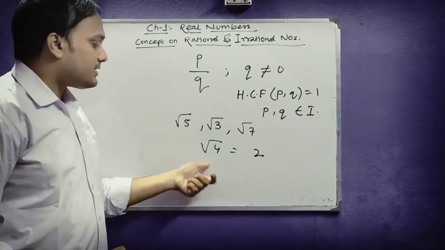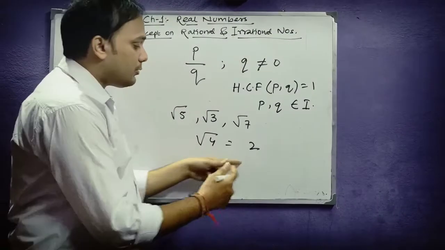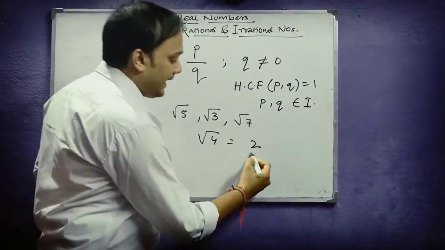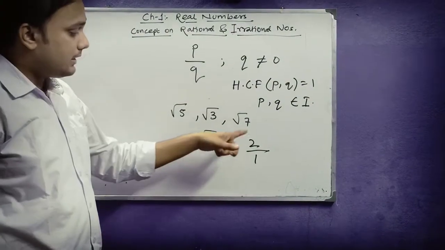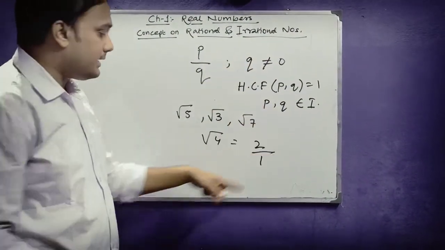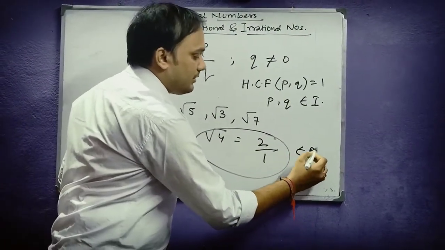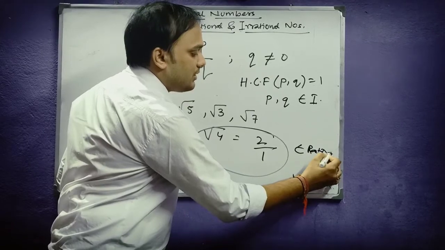So we cannot say root over 4 is irrational, as root over 4 is equivalent to 2, and 2 can be expressed as 2 by 1, so it satisfies all the conditions of a rational number, and hence root 4 equals 2 is a rational number. It belongs to the rational number set.